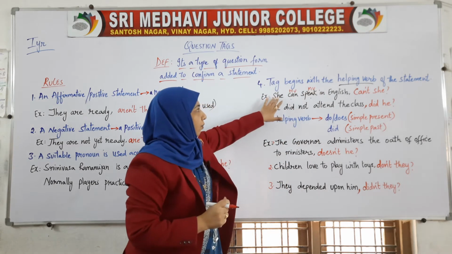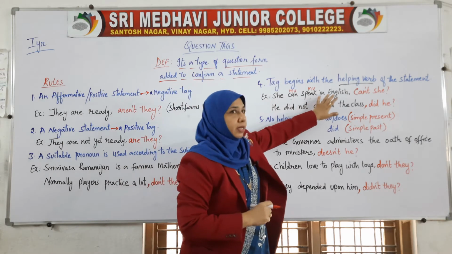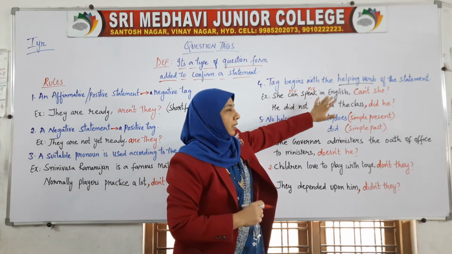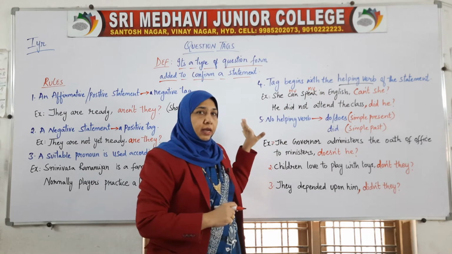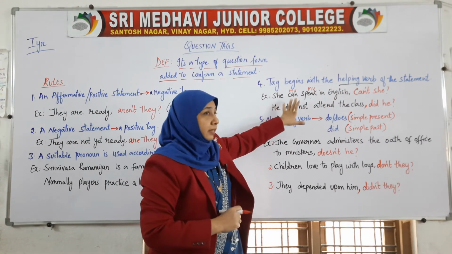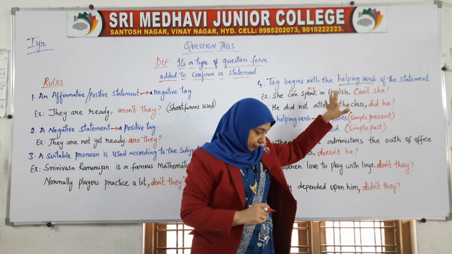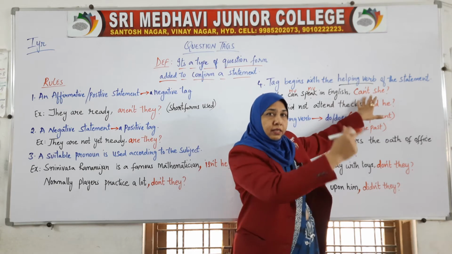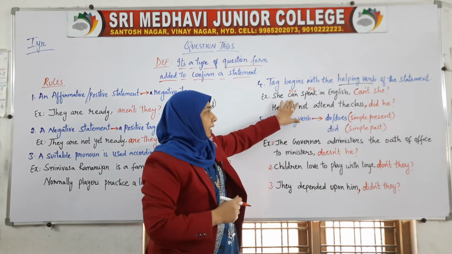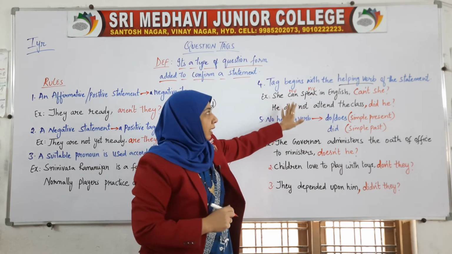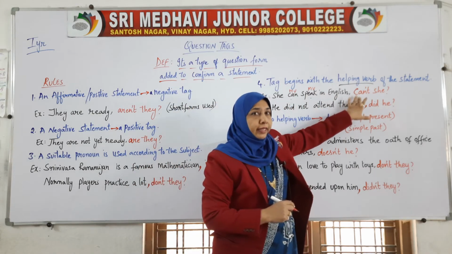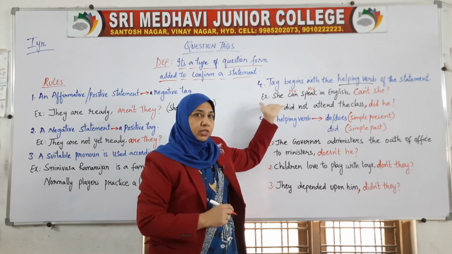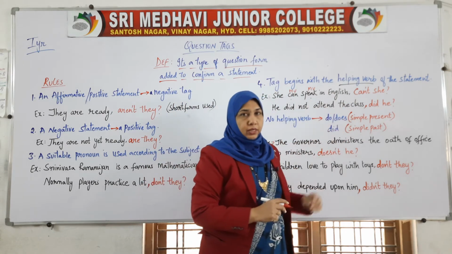In this, we have: she can speak in English. What is the helping verb here? Can. And this sentence is positive. So we have to add can't she, because can is the helping verb and we take the negative form, can't, and because the subject is she, we take she.